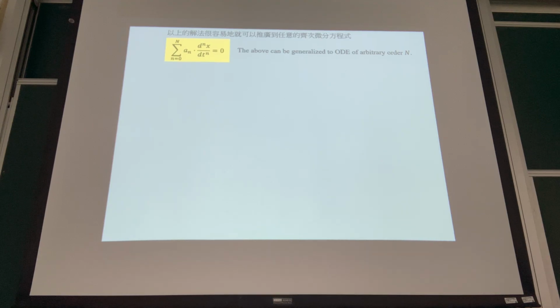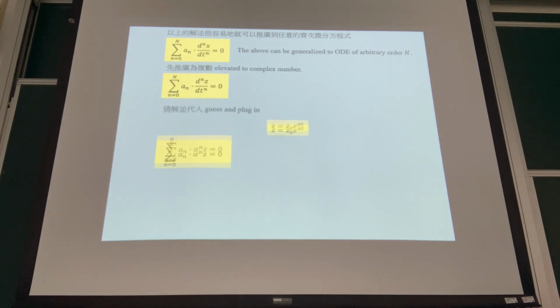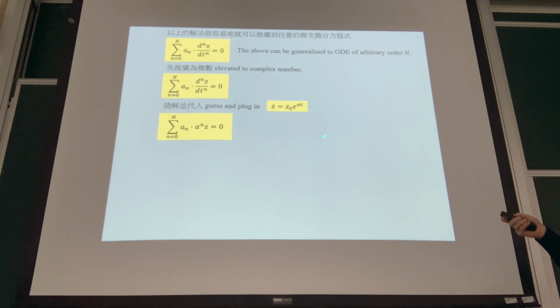I hope everybody agrees with me that the above solution could be systematically generalized to any differential equation with constant coefficients to arbitrary order. You simply need to again elevate the x into complex and get a solution like this.